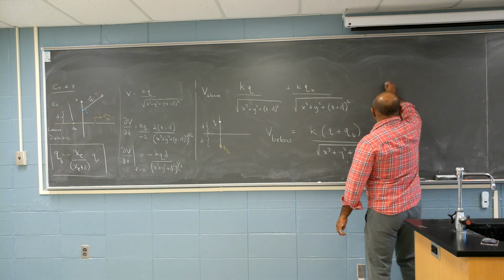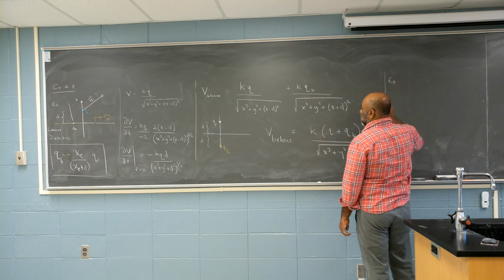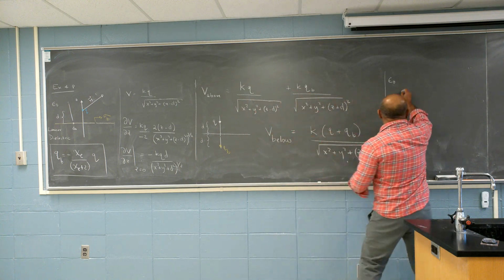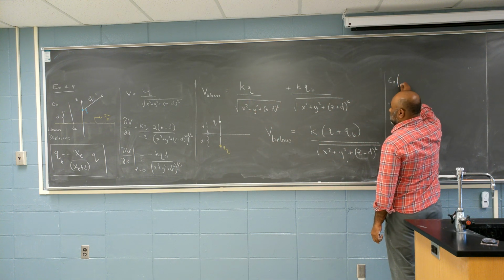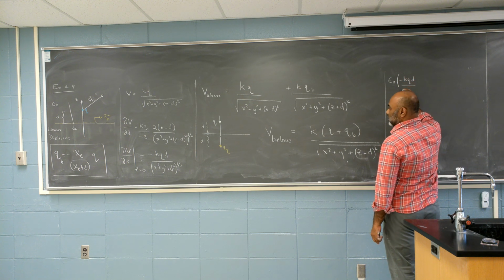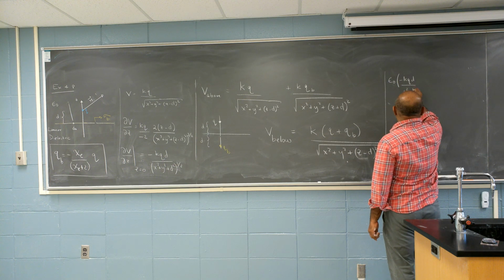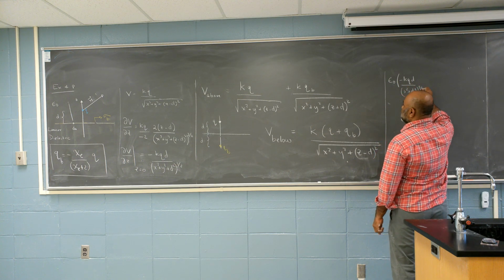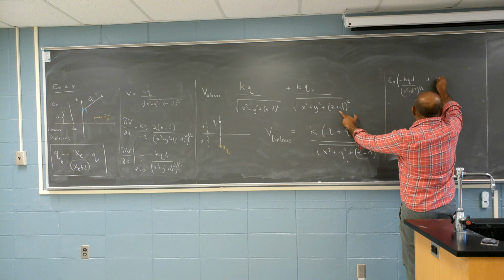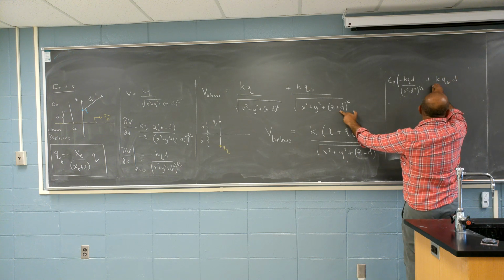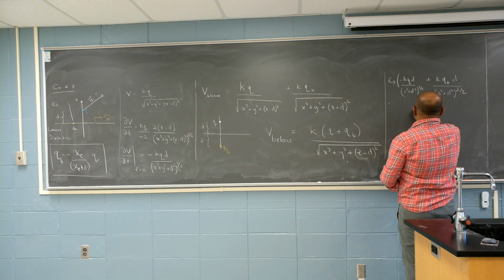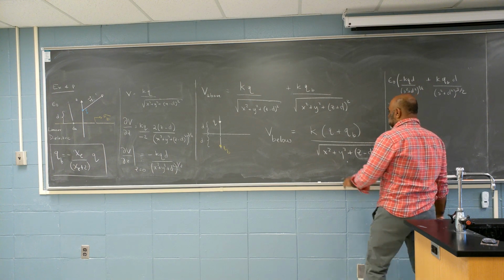Epsilon naught. I'm going to take the derivative of the above. We just did that. If it's a minus, I get minus kqd over, again, I'm going to use s squared plus d squared to the 3/2. Over here, what do I get? Plus kqb d over s squared plus d squared to the 3/2. That should be equal to epsilon times this guy.